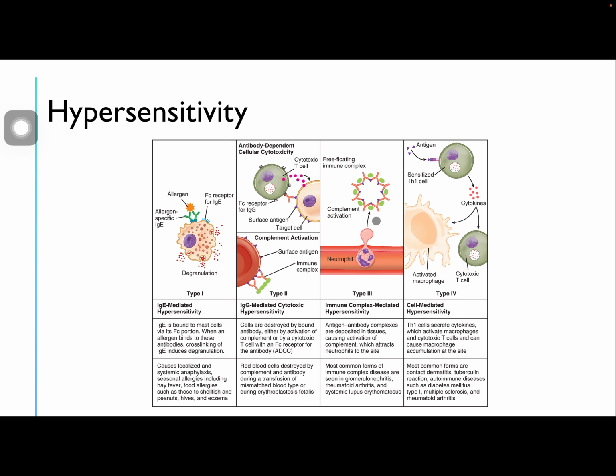The next is called the immune complex. And this can happen where you get an antigen that binds to a free floating antibody specifically for that. And then this antibody can implant itself into tissues. Let's say it gets deposited into the joint spaces. And that antibody then is left in there, and our immune system recognizes that antibody and that antigen as needing to be attacked.